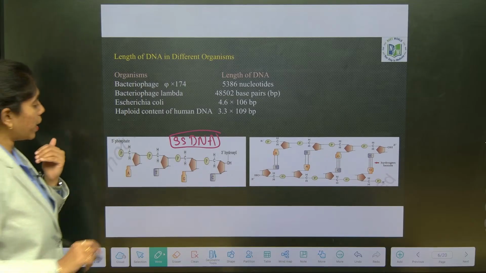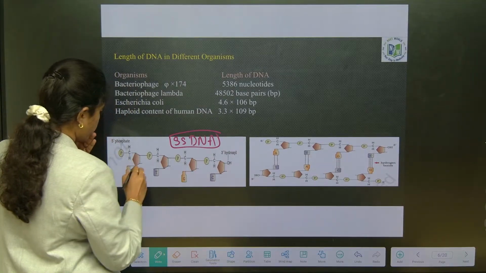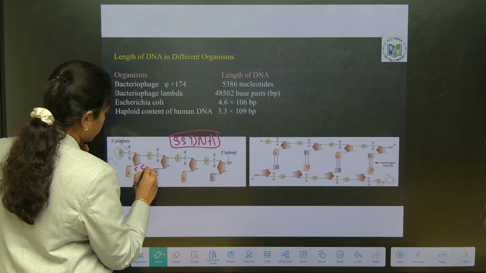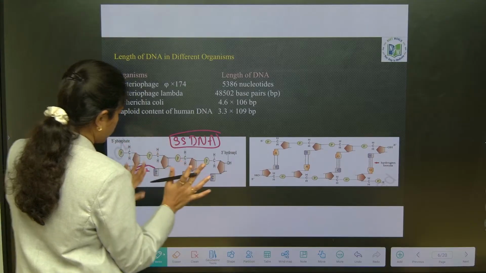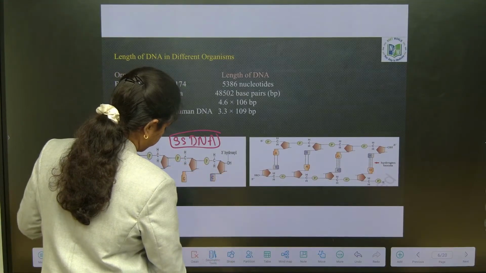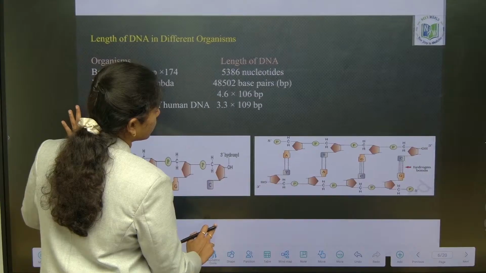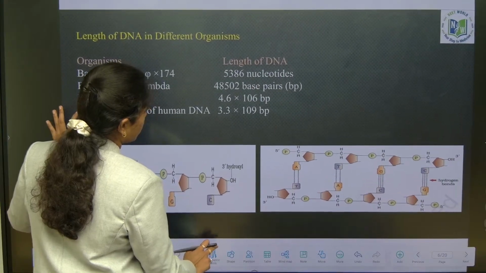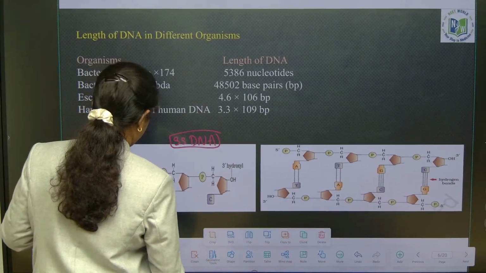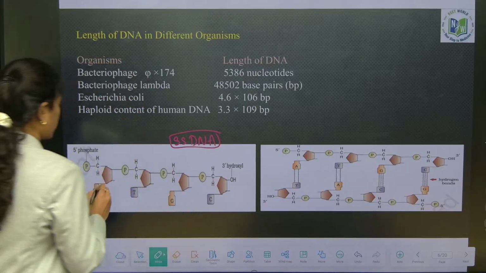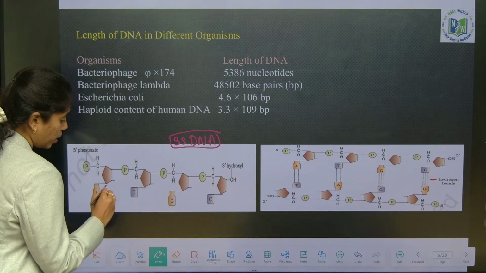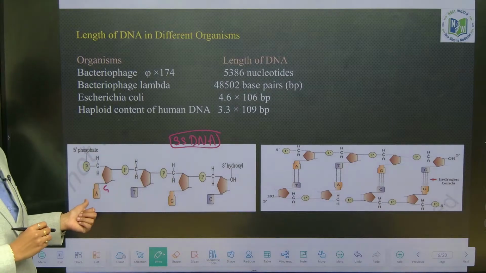Here itself you mark C1, C2, and mark C1 because the nitrogen base is bound here.